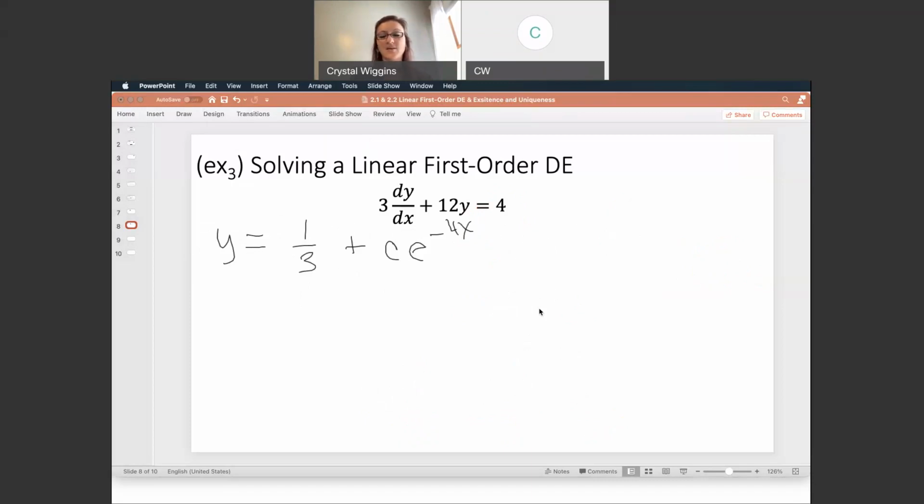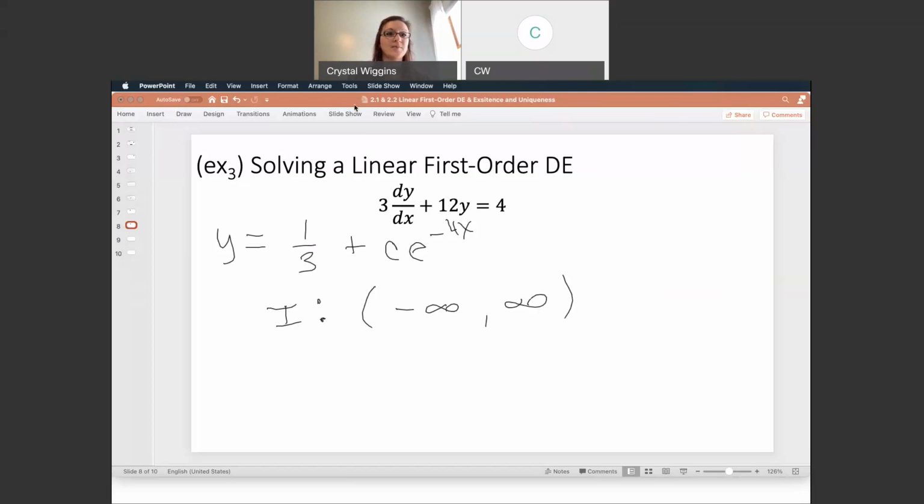But again, I like to keep everything consistent in how you would like to write it, and I like writing it this way. When I am taking a look at that x input, again, there is no restriction, so my interval of existence will once again be negative infinity to infinity.